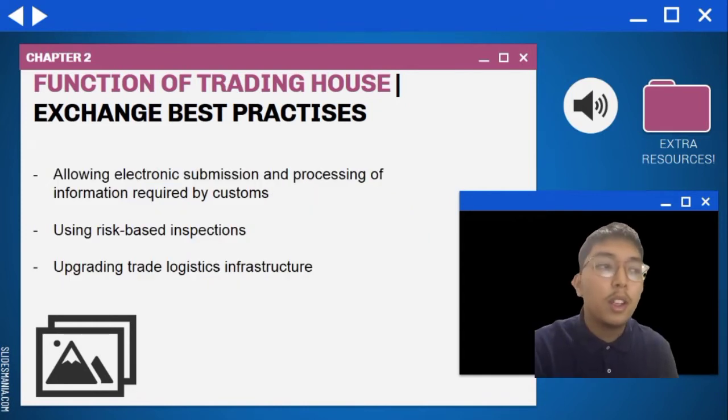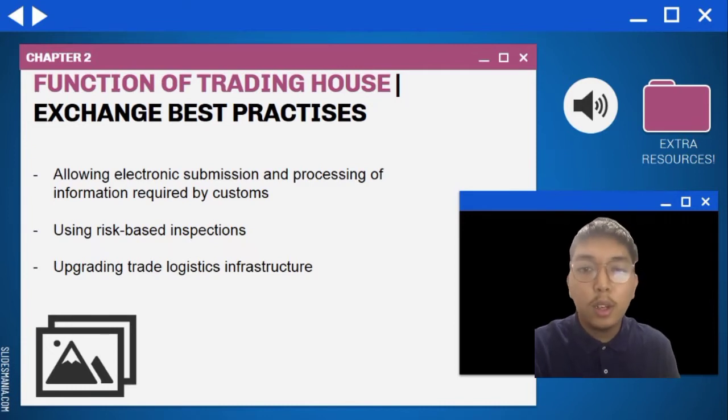The next one is allowing electronic submission and processing of information required by customs. Electronic systems for filing, transferring, processing and exchanging customs information have become important tools for managing flows of information in complex trading environments.